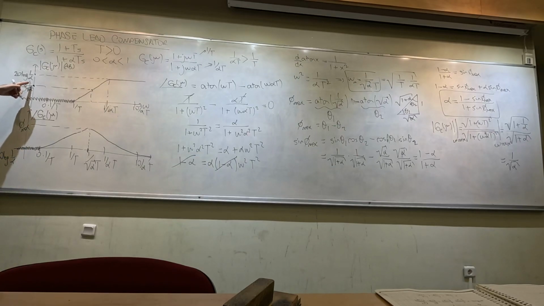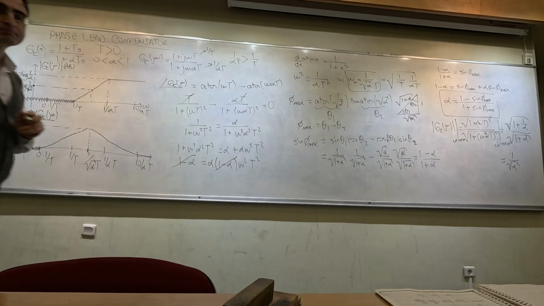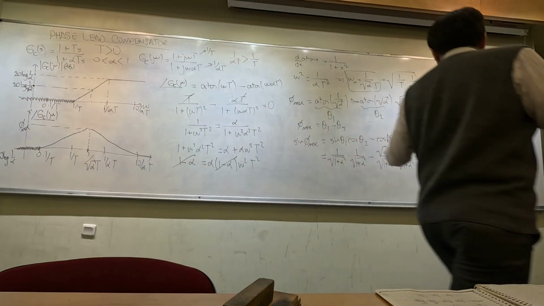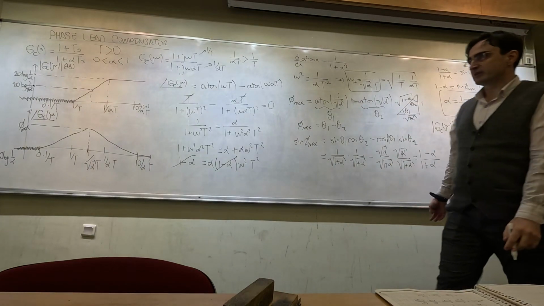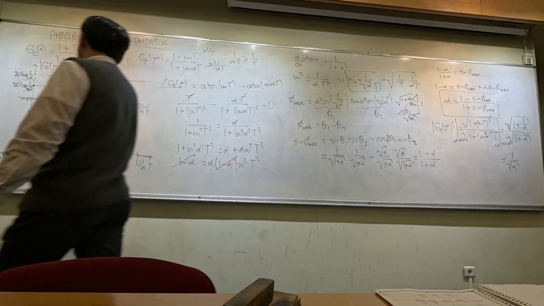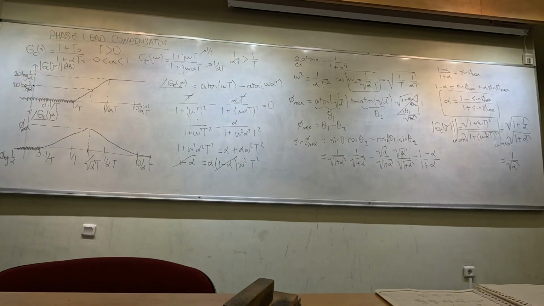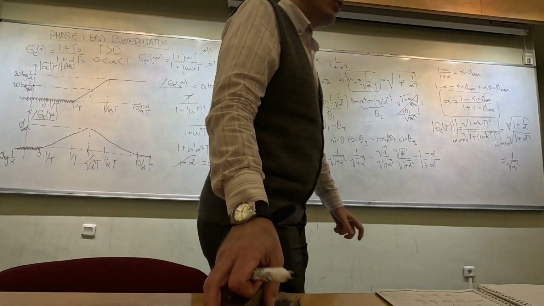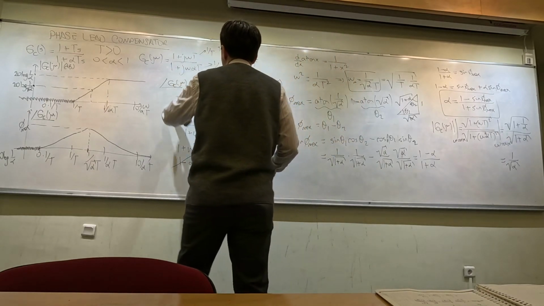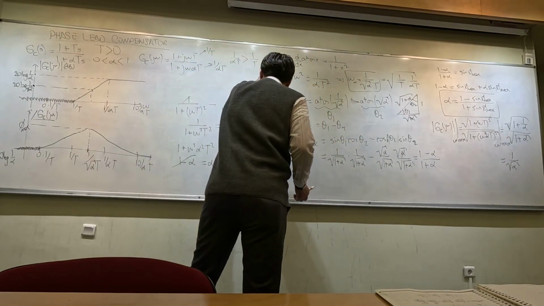Okay, you can take 1 over 2 outside the logarithm, and then that's going to give you the half of this value. Okay. So here these are the relationships between the parameters of the phase lead compensator and the phase and the magnitude parameters here. Okay. So now we're going to use these parameter expressions in order to be able to design our compensator.